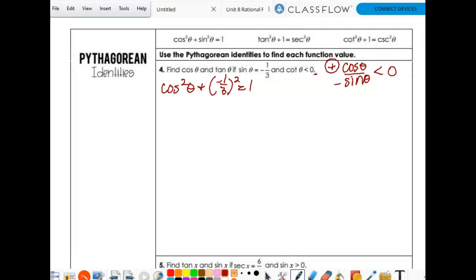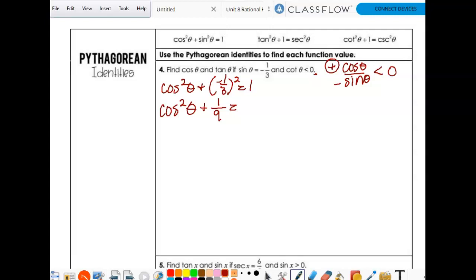Okay, so I'm going to have cosine squared of theta plus, what's negative 1/3 squared? What's negative 1 times negative 1? 1. 3 times 3 is 9. So I squared this.